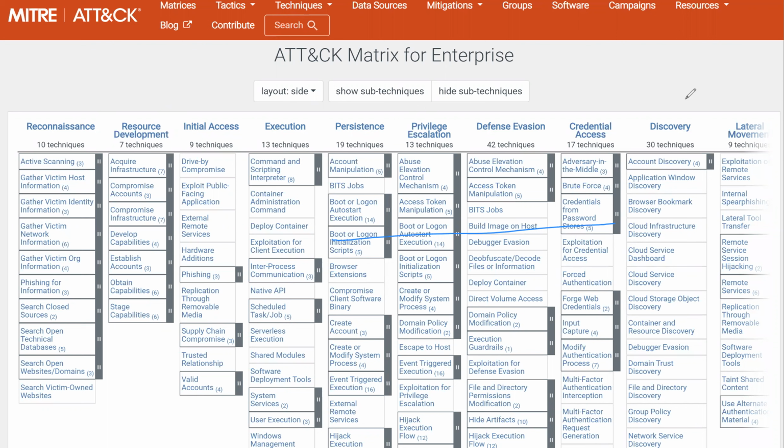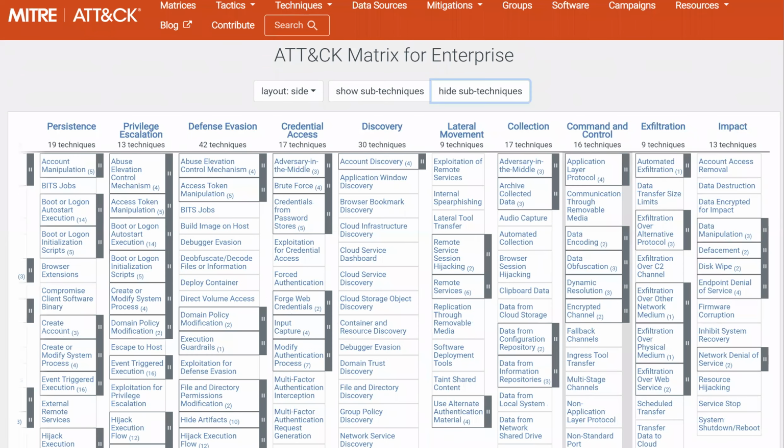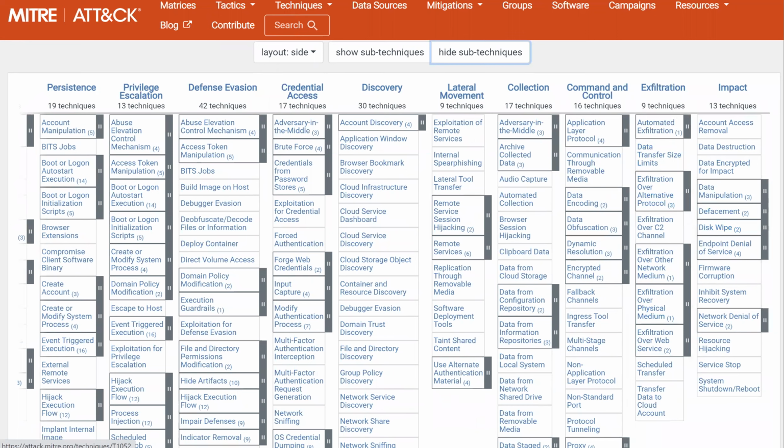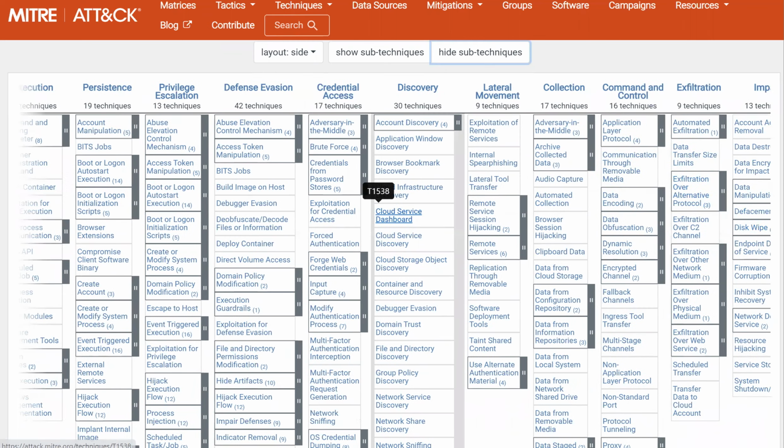If I tab across there, you can start to see that it's given us the entire life cycle of a traditional attack. What's the impact? How do they take the data out? If they're doing exfiltration to command and control, how do they get in there and control those remote hosts, etc.